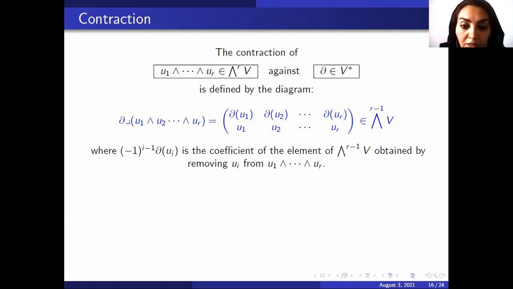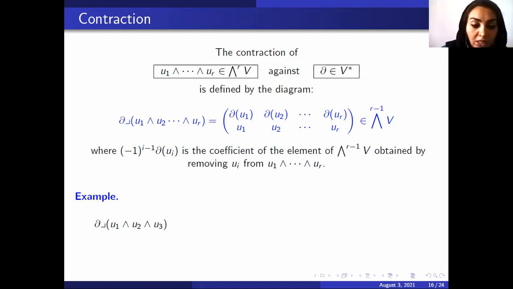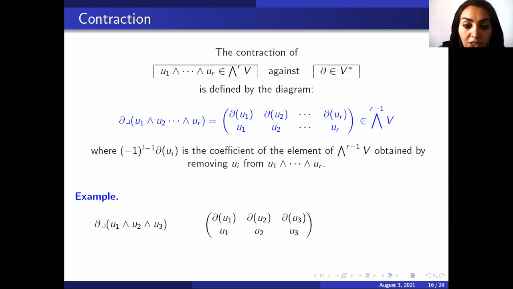Maybe it seems a little bit difficult, but allow me to show you how it works by this simple example. Let's compute delta contraction with U1, U2, U3. By definition it is this diagram. Okay, now let's compute it. You have first delta U1, then you eliminate the first row and the first column.